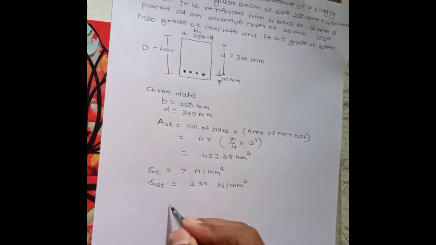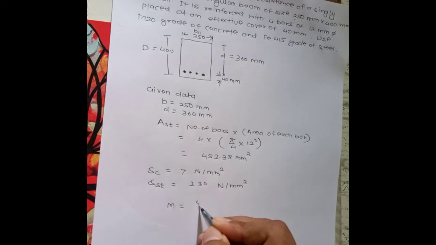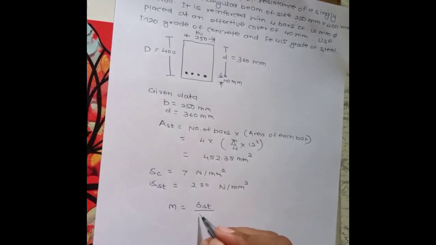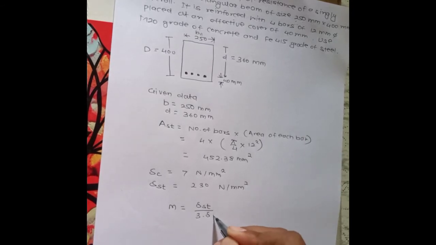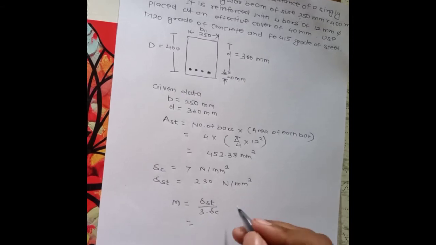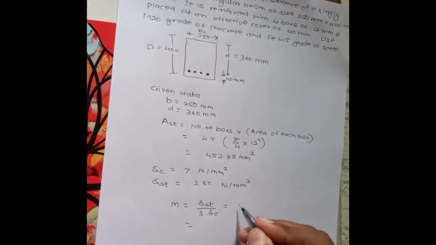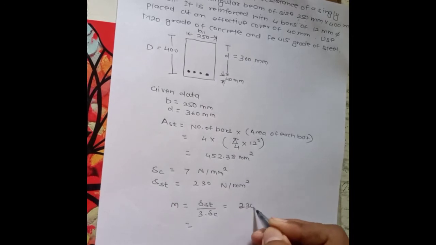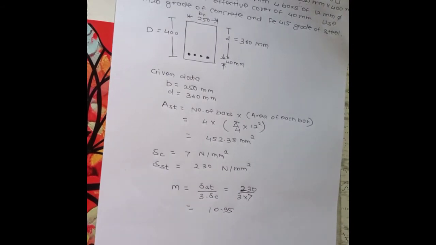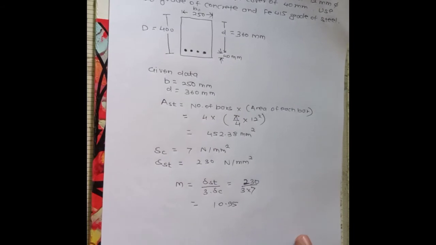The formula of modular ratio is sigma st upon 3 into sigma c. That is 230 upon 3 into 7, you will get 10.95.